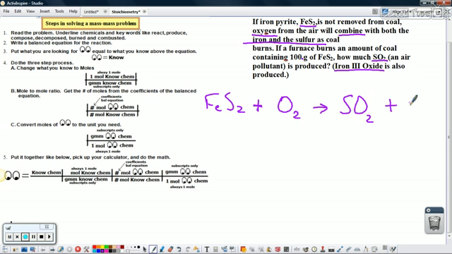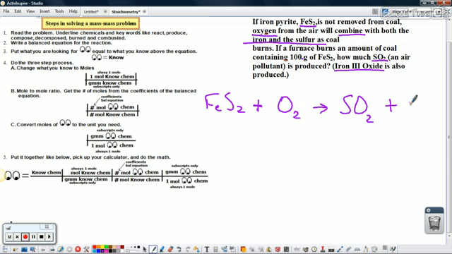Now, if I stop right there and we just look at this equation as it is, it looks like a single replacement reaction, doesn't it? And if it were a single replacement reaction, your other product would be iron. So I had to tell you what the other product was in the parentheses so you could finish the equation, because you can't predict that product based on what we've learned.